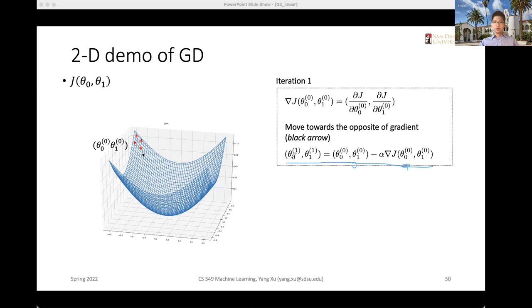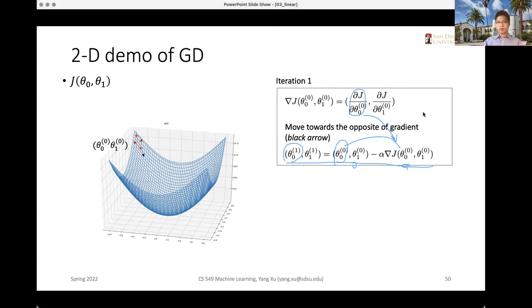So how we exactly compute the values is that these first components will be the results of these components minus alpha times these components, right? Because if we substitute the gradients into this form, we will have each component correspond to each dimension.